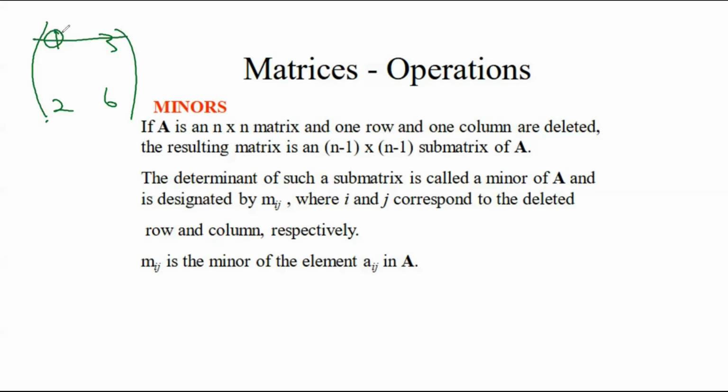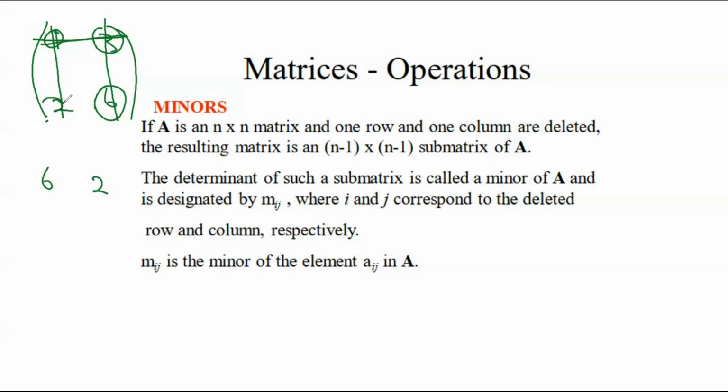What I'll do is cross out all those numbers and leave those. So the minor of 1 is 6. So we can put 6 here. The minor of the 3, cross all this and that, it will be 2. 2 there.